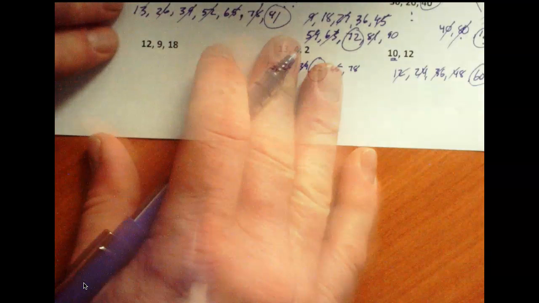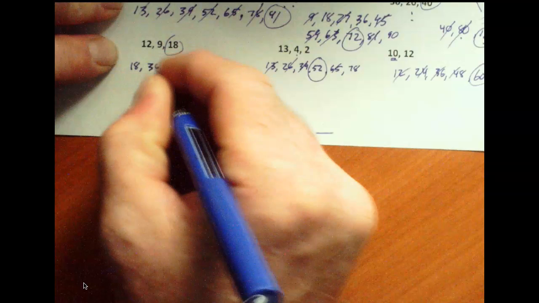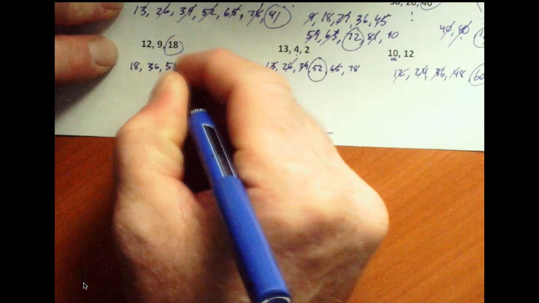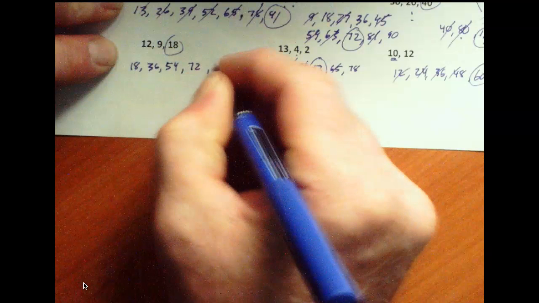Alright, last problem. Choose the largest number, 18. So let's just skip count 18, 36, 54, 72, 90. The first 5 multiples. Alright, 12 is only going to go into even numbers.